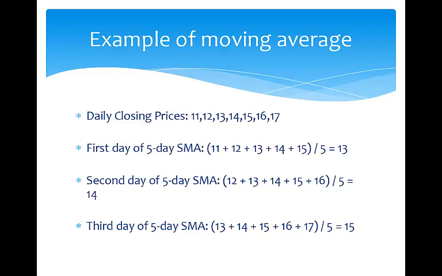The second day of the moving average drops the first data point 11 and adds the new data point 16. The third day of the moving average continues by dropping the first data point 12 and adding the new data point 17. In the example above, prices gradually increase from 11 to 17 over a total of 7 days.